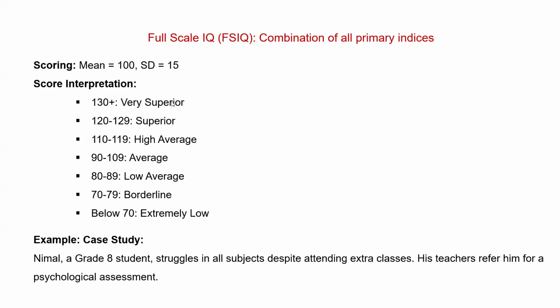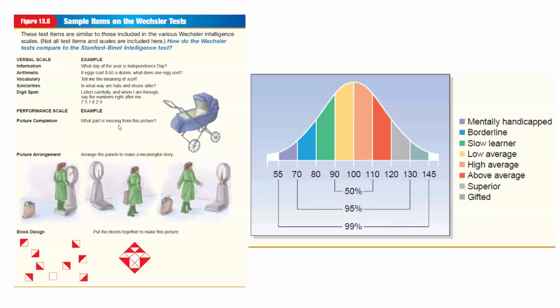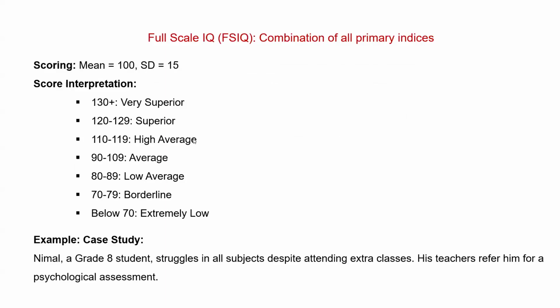Let's see the average, I think here you can see the average, right? This is high average. This IQ level is low average. This is borderline. Below 70 means extremely low.